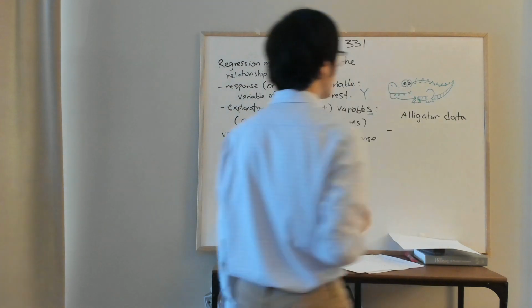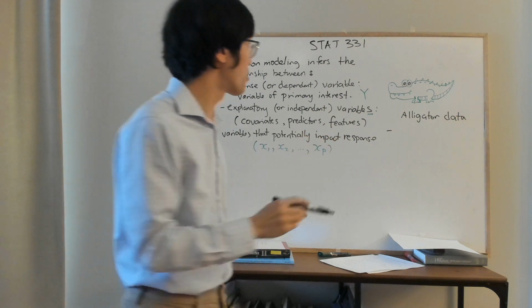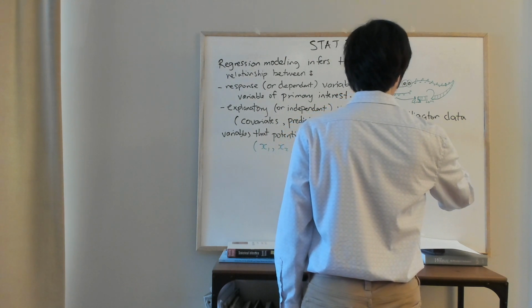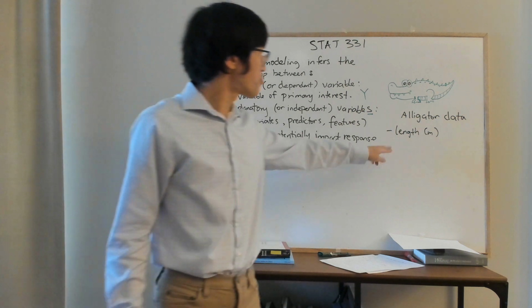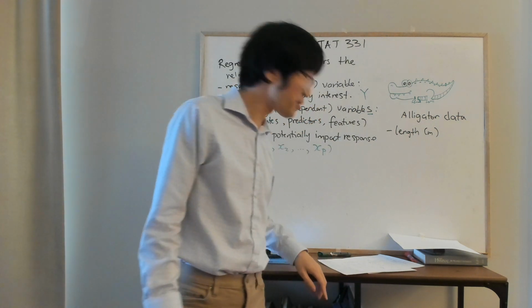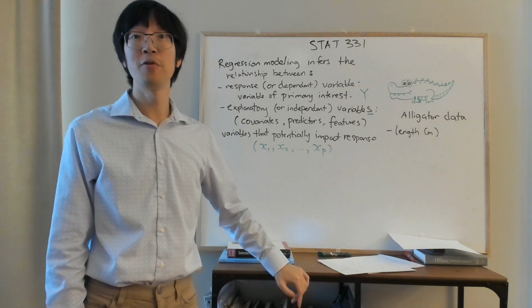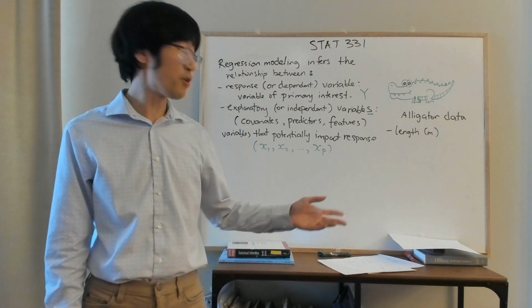Okay, so as kind of a way to measure their size, we could put length in meters. So according to the data set I was looking at, they could range from about 1.2 meters when they're young, and they could grow as large as almost 4 meters.